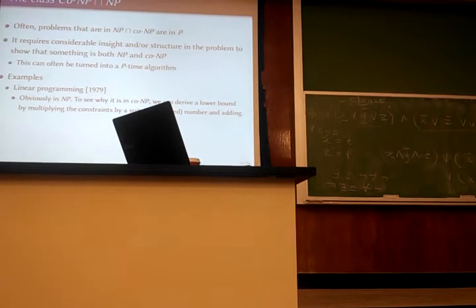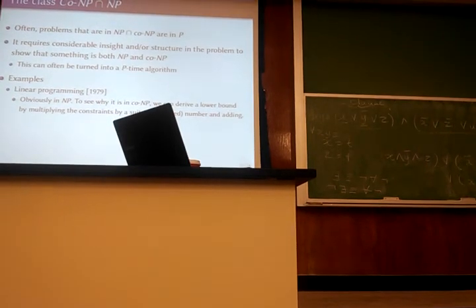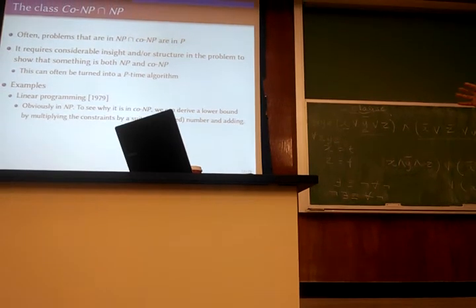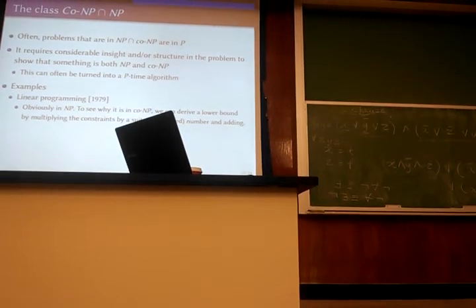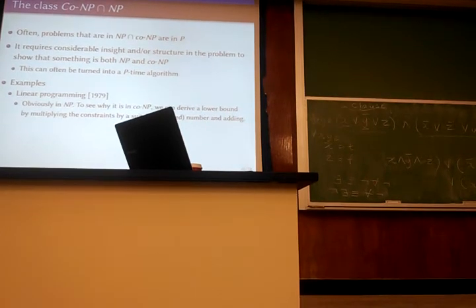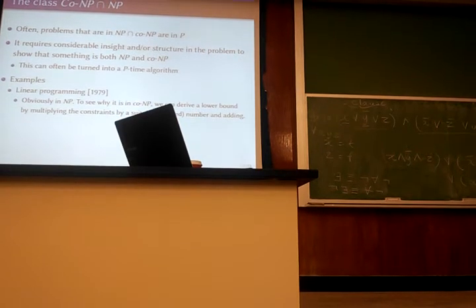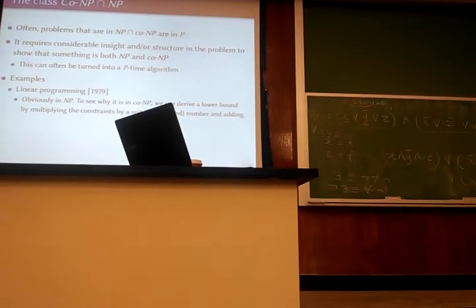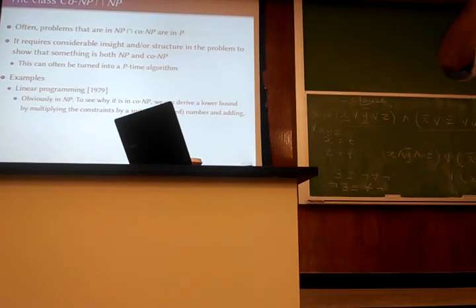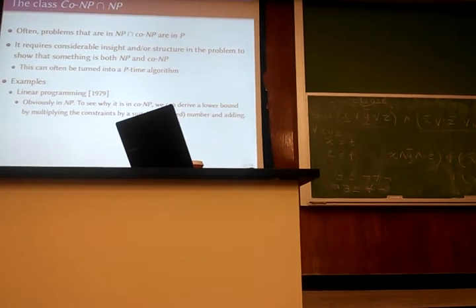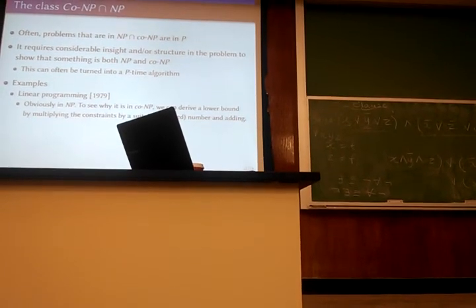Remember, it's the decision formulation of the LP problem, which means: is there a setting of values to these variables so that it satisfies all the constraints and the value that you want to optimize is above a certain value? There is always an objective function, and that's how you make a linear programming problem into a decision problem, by saying the objective function should have a value greater than x.